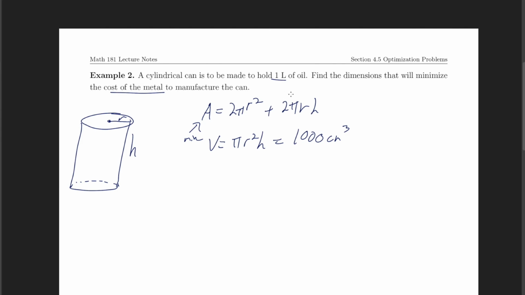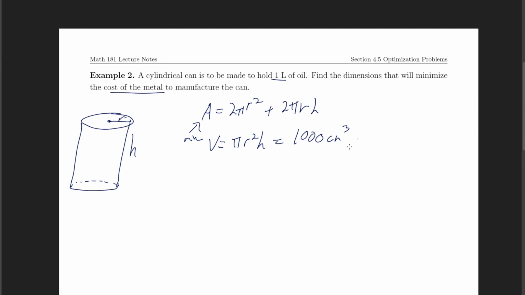So 1 liter is 1,000 milliliters, so I'm just going to do it that way. That way I can write my dimensions at the end of the day in centimeters, because that will make the most sense for me. I guess it's just my programming.